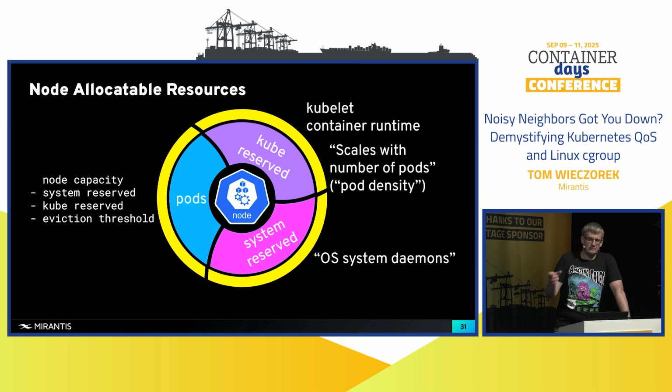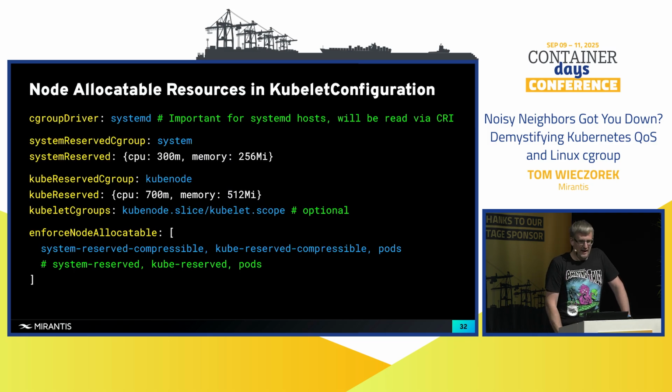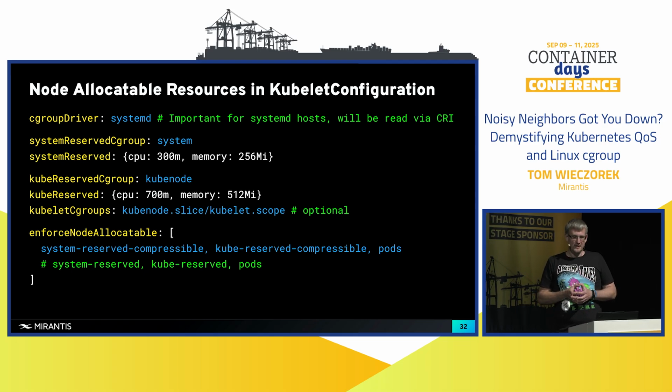So the kubelet takes the things that we reserve for the system and for the kube group, and deducts that from the node capacity, and that's actually the resources that we can allocate to pods. And that's how we basically tell the kubelet how to do it.